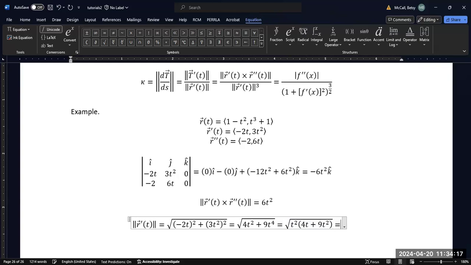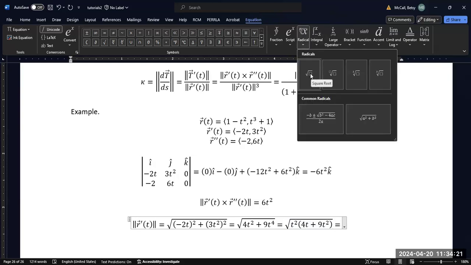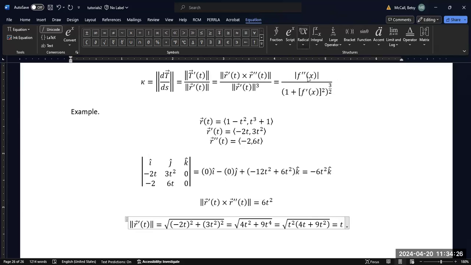Like so, and then take the square root of the t squared, and I end up with t times the square root of, sorry, there's no t there, of 4 plus 9t squared.